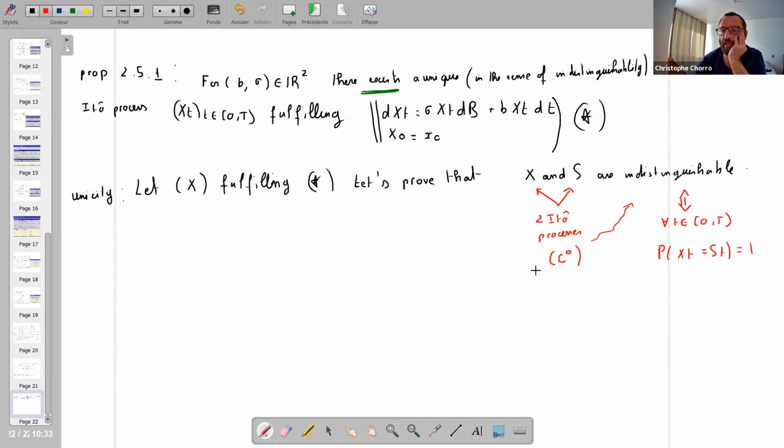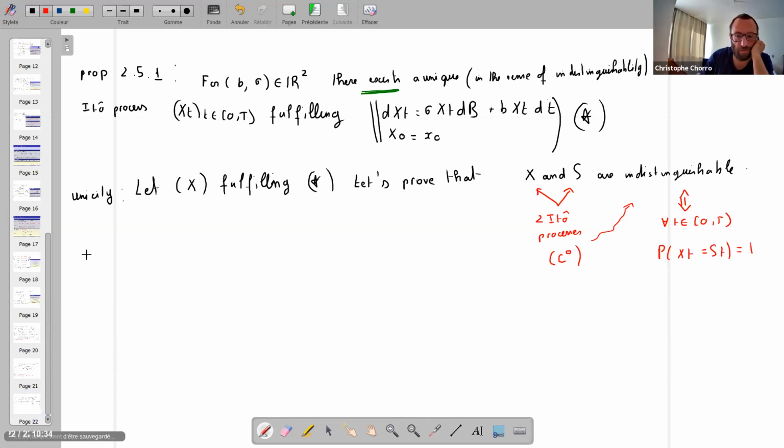This means that X is a version of S. But from what we have done in chapter 0, if X is a version of S and both are continuous, it implies that they are indistinguishable. So I have simply to prove this one.